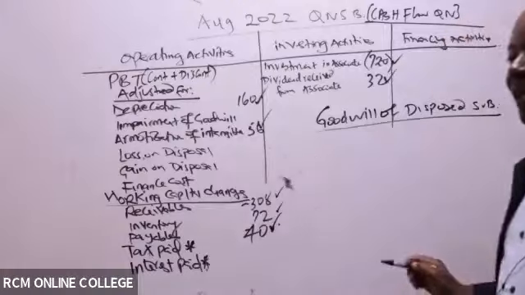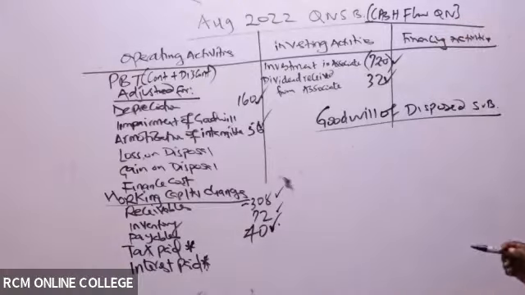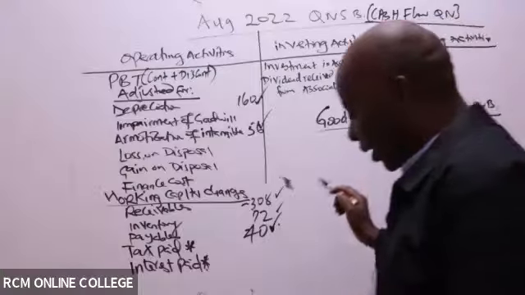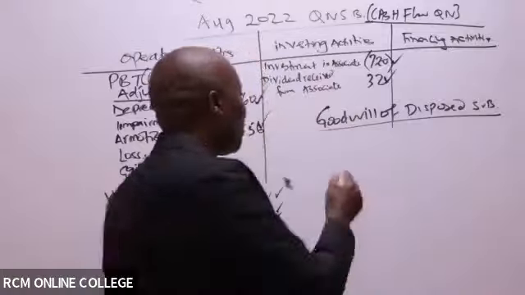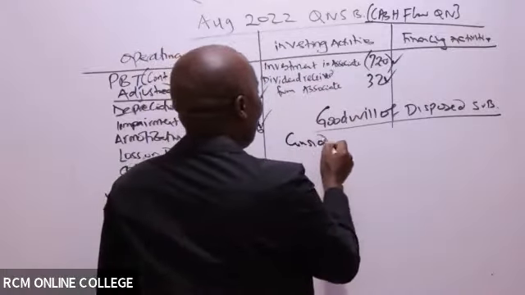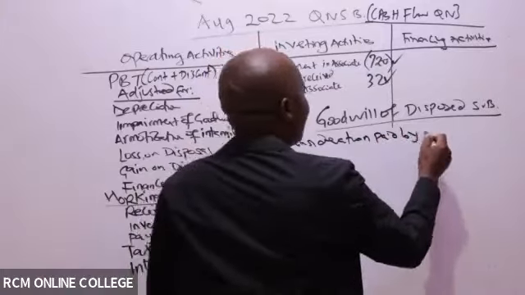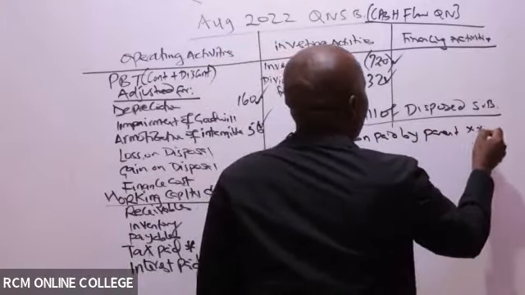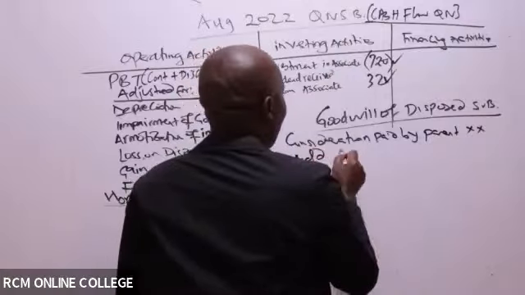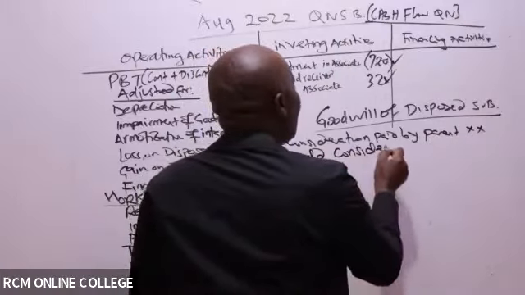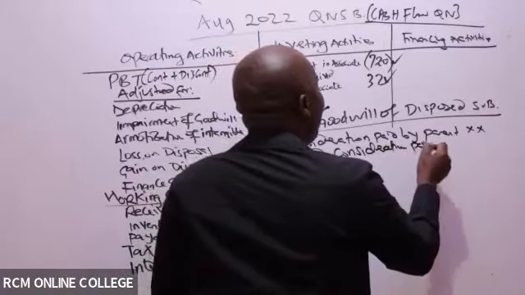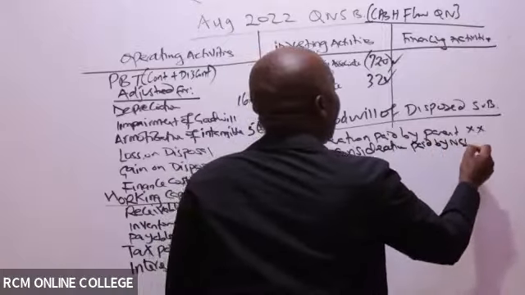Very important. So this goodwill of the disposed subsidiary, ladies and gentlemen, how do we get this? We take the purchase consideration paid by the parent. You add the consideration paid by NCI.